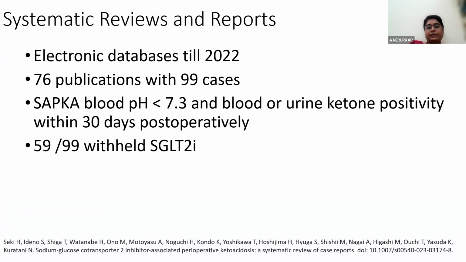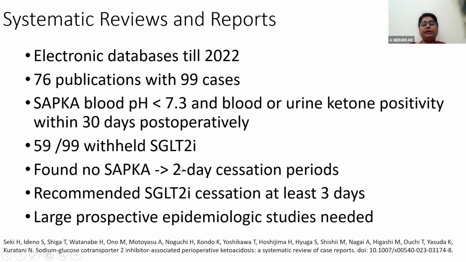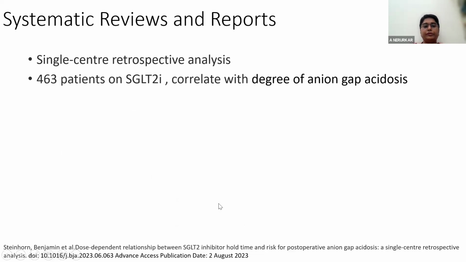Now, out of these 99 cases, they found that 59 cases had withheld the SGLT2 inhibitors. But if they had withheld for more than 2 days, they found no symptoms. So what they have recommended is that you need to withhold the SGLT2 inhibitors for at least 3 days. However, they again said that large prospective epidemiologic studies needed to be conducted.